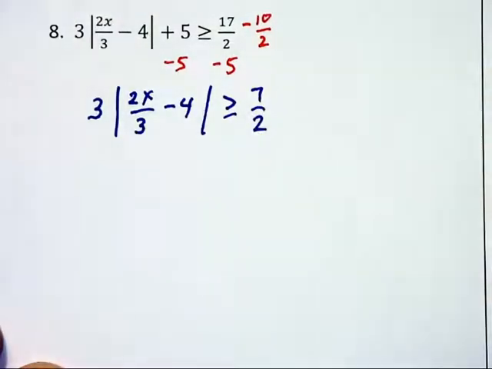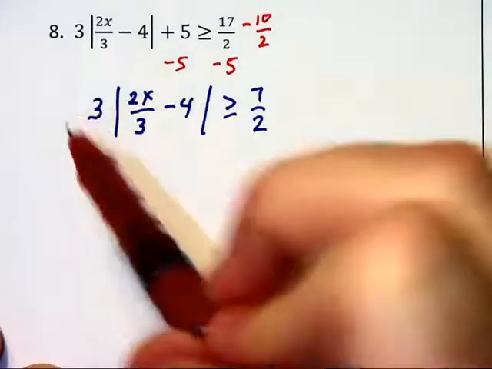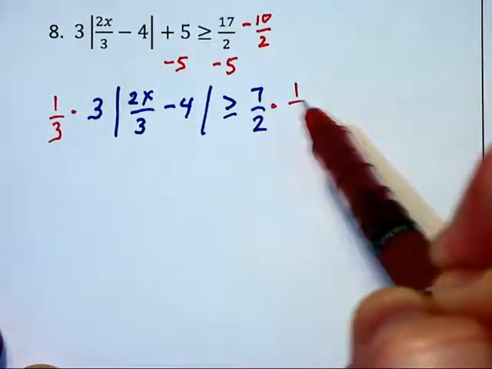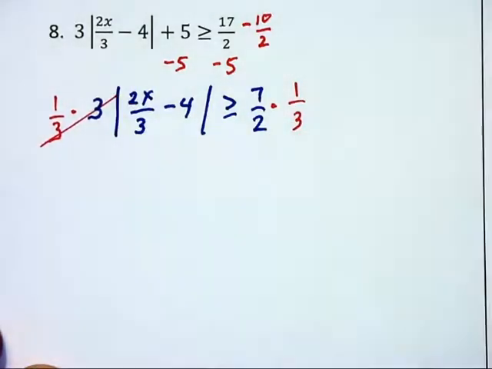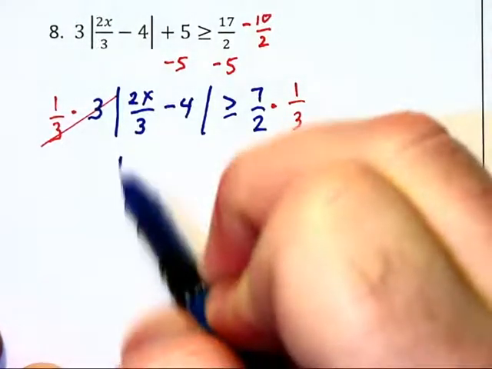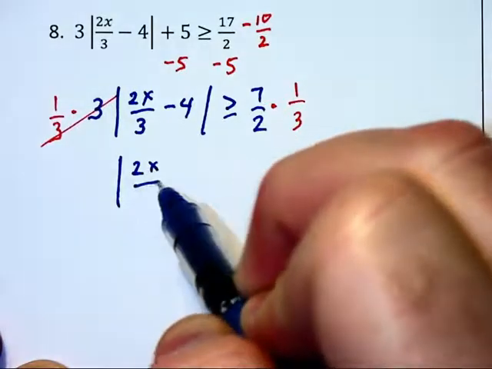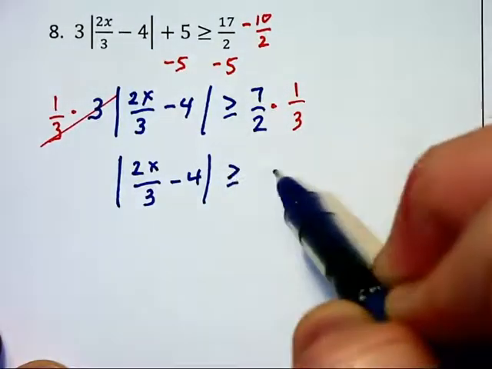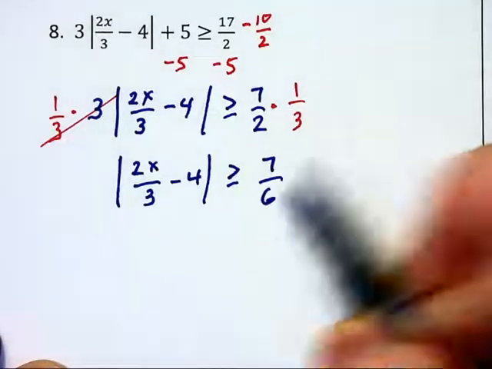Now, instead of dividing each side by 3, I'm going to think of this as multiplying by 1/3. That will cancel the 3 out on the left and make it easier to work with the fraction on the right. We now have the absolute value of 2x over 3 minus 4 is greater than or equal to 7 over 6.